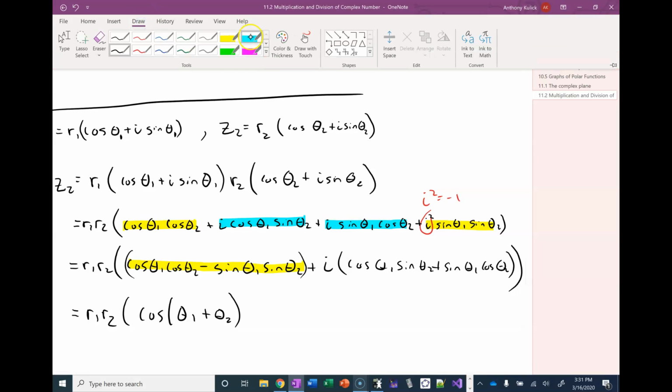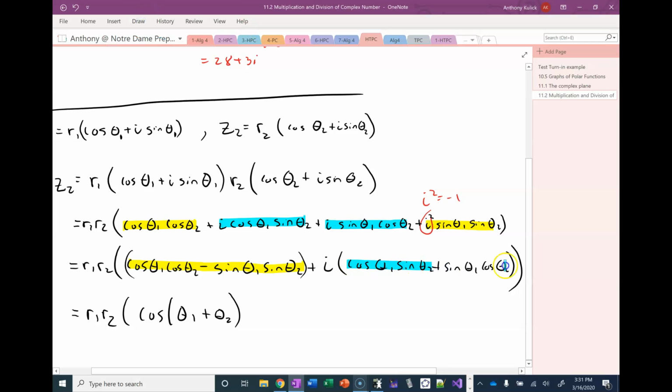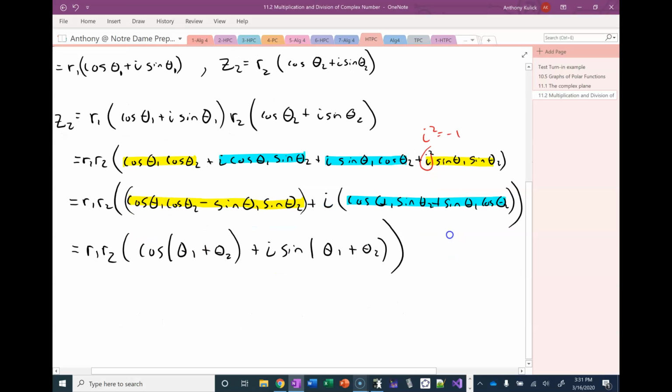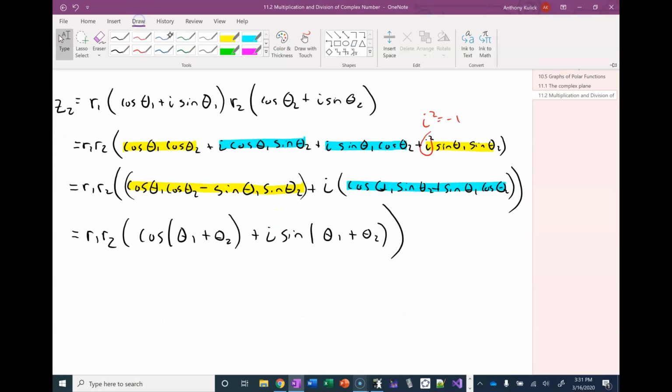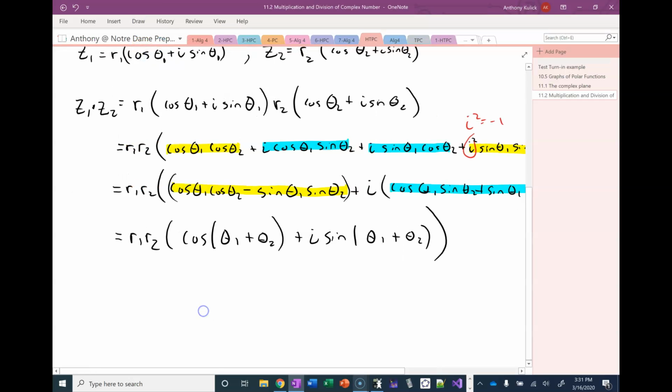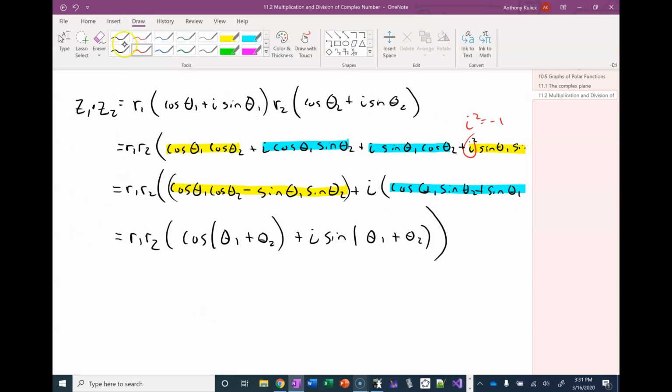And if we take a look at this, you should recognize it as the angle sum formula for sines. So this then is our formula.